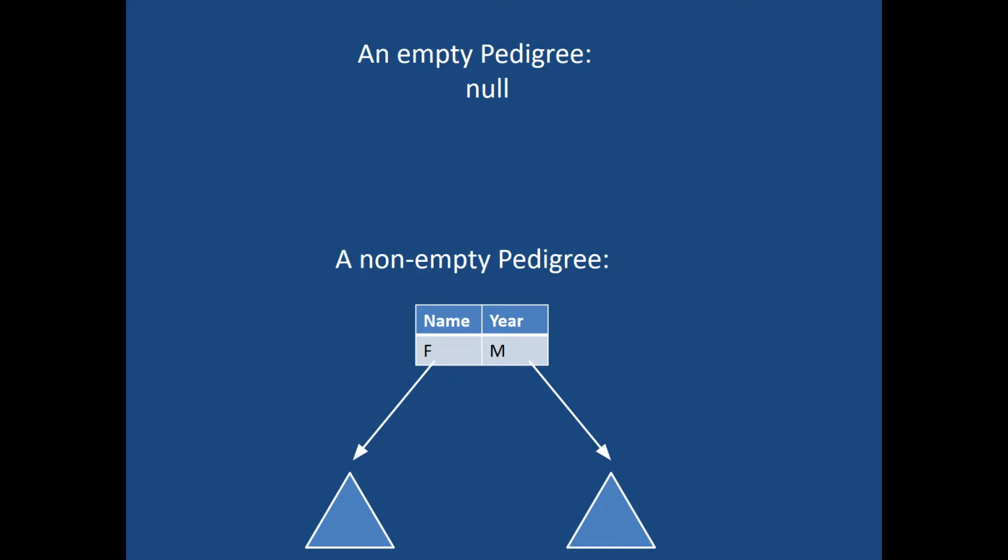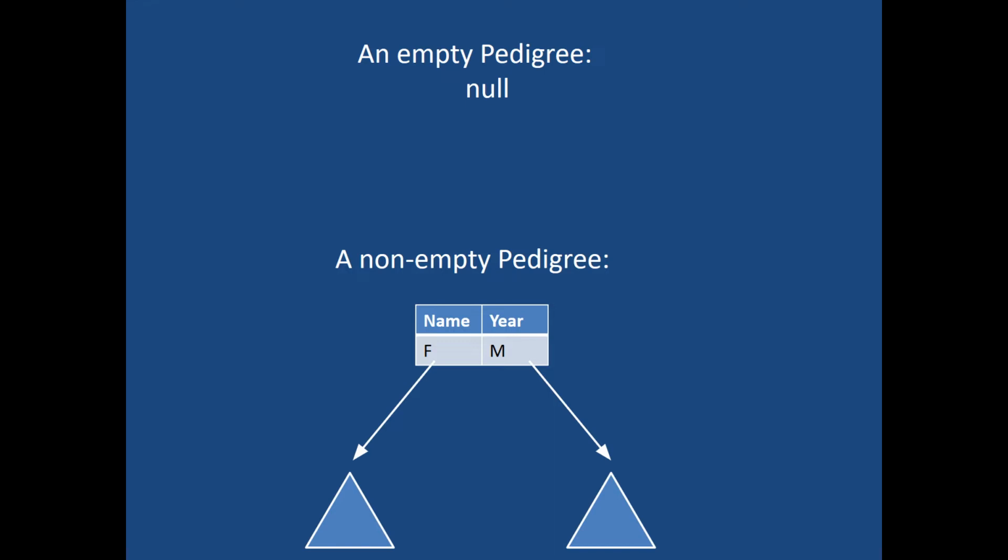And the other kind is a non-empty pedigree. It's going to be an object that contains a name, a year, a father and a mother. And father and mother are references to other pedigree trees. Those other pedigree trees could be null or they could be non-empty. What's the advantage of being able to say that any pedigree tree fits one of these two forms?